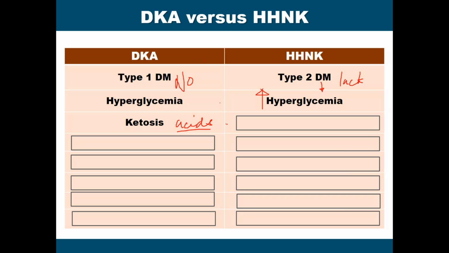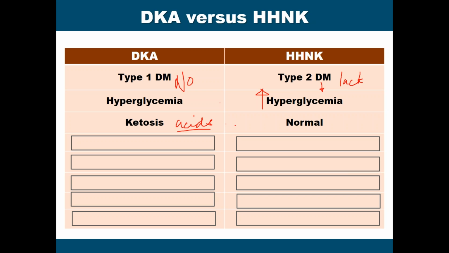HHNK is not characterized by ketosis, and the reason for that is that there is still circulating insulin and the body is still able to use glucose to some extent. So the body is not converting fats and proteins to glucose, because of the some insulin circulating in the body.